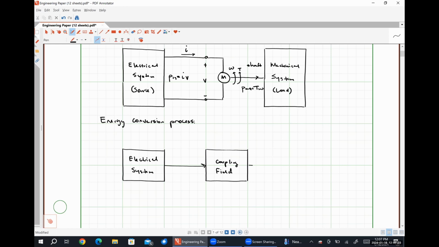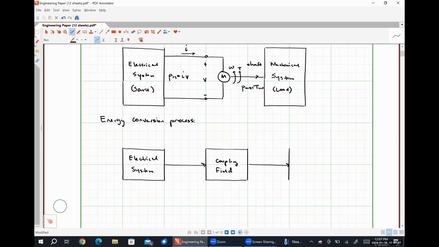And then way over here on the right-hand side, we have our mechanical system like so. And then here is our output, which is some form of mechanical power, right?